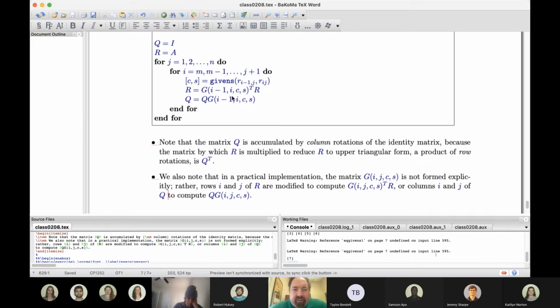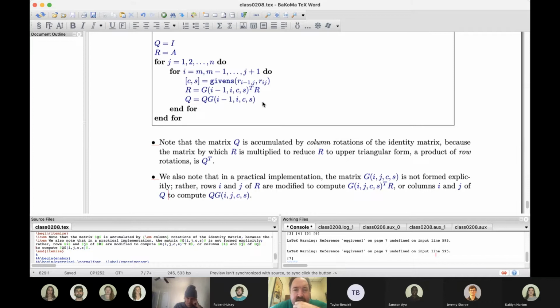All you do is use C and S to take the right linear combinations of row I minus 1 and row I of R. So you're going to overwrite rows I minus 1 and I with their rotated versions, and the other rows will be left alone. Here, too, you're operating on columns, so it only affects columns I minus 1 and I. So you're just going to work on those.